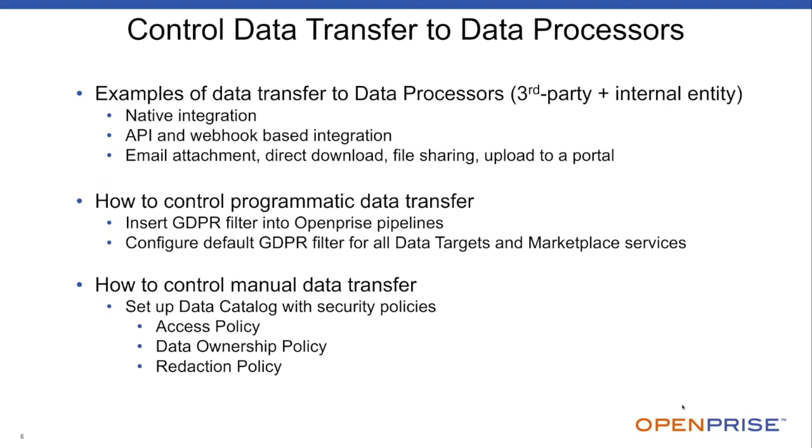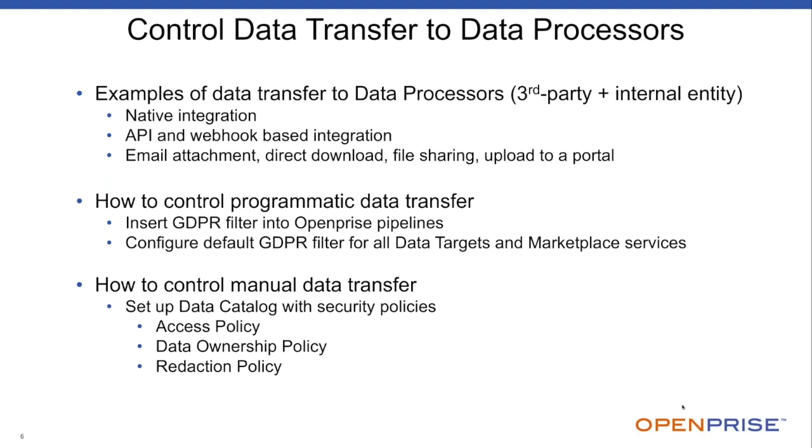Now, those are examples of automated programmatic data transfer. There's also a lot of manual data transfer. This includes, for example, email attachments, or your agency users coming into, say, your Marketo system and directly downloading data. If you're using any type of file sharing, like Dropbox or Google Drive, all of those are manual data sharing.